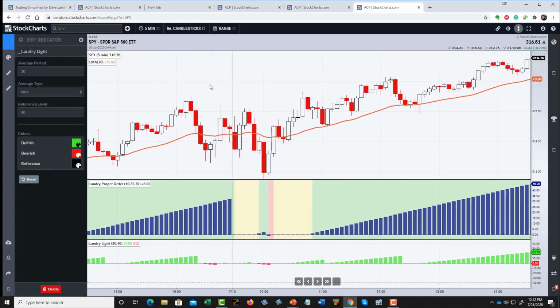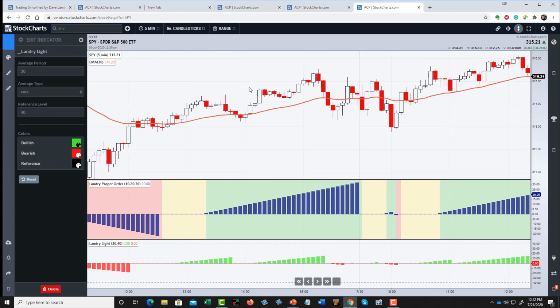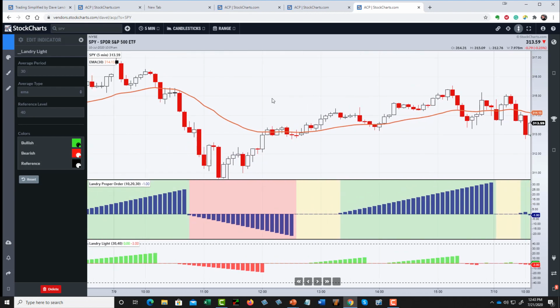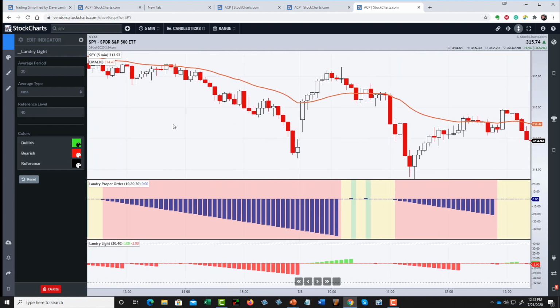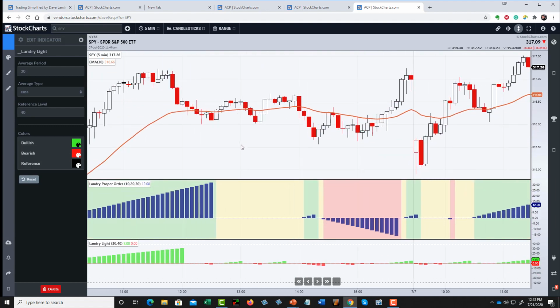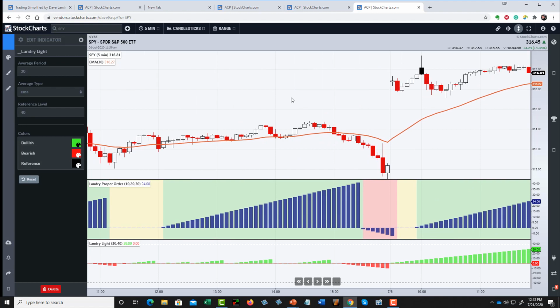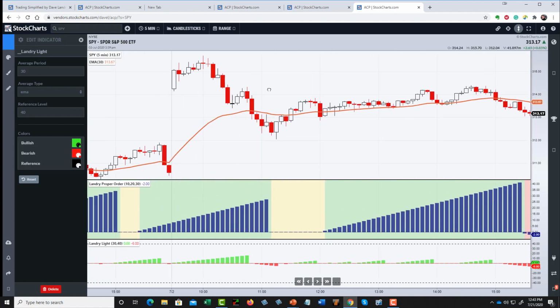So if we go back a few days in time, you'll find, especially in something like the S&P 500, that there are some choppy days here and there where it flips back and forth between green and red. And those days aren't really great for trading. You can see we bounced around, up and down around the moving average on that particular day, gapped higher, then just kind of traded sideways and bounced around the moving averages.